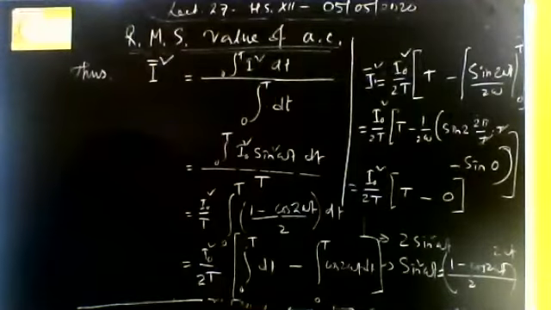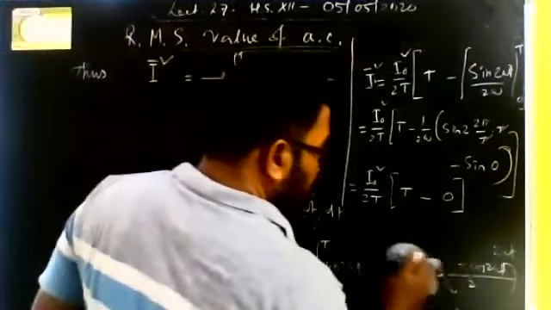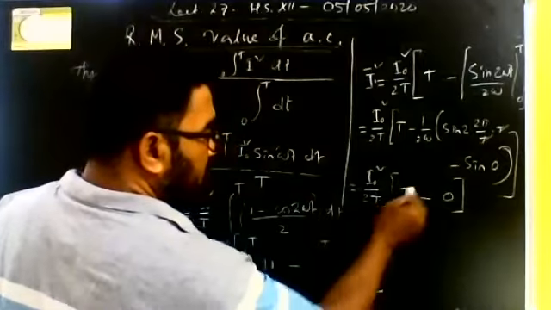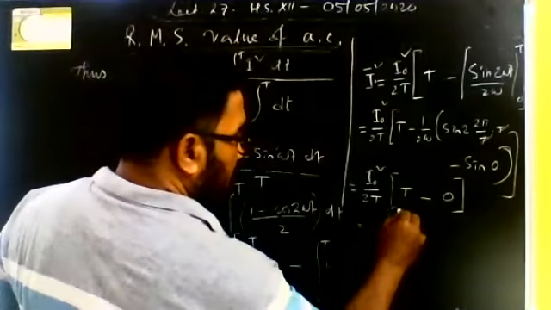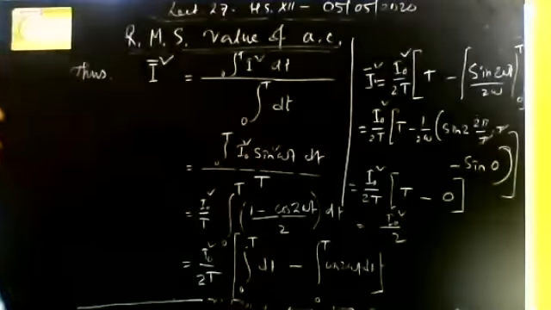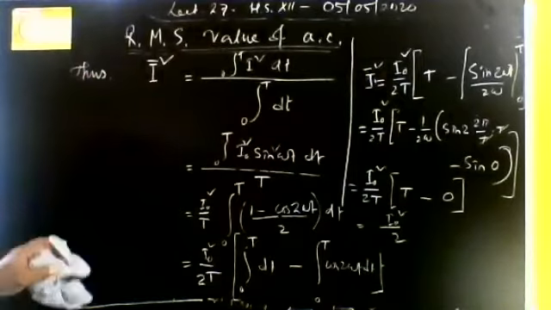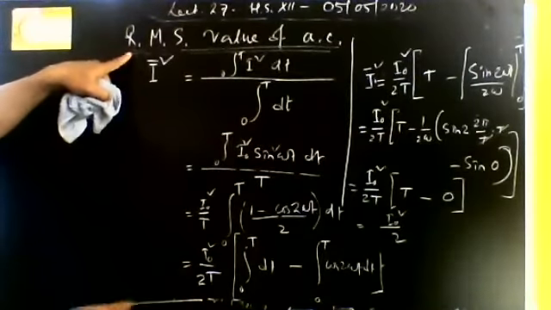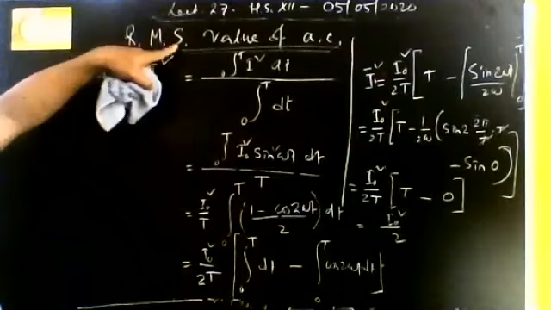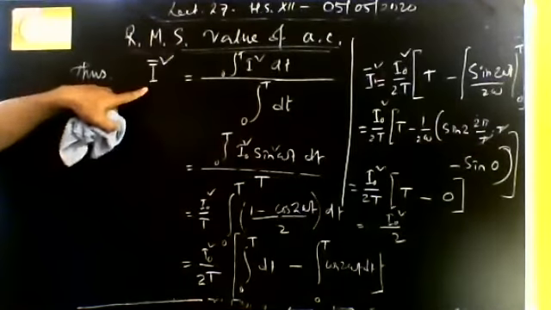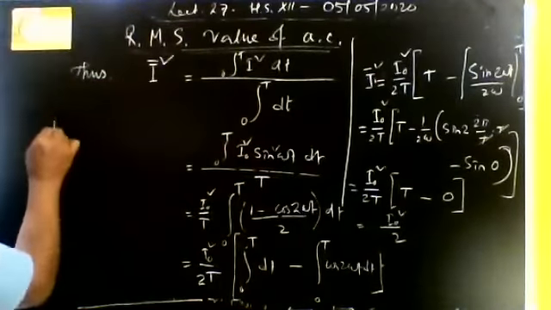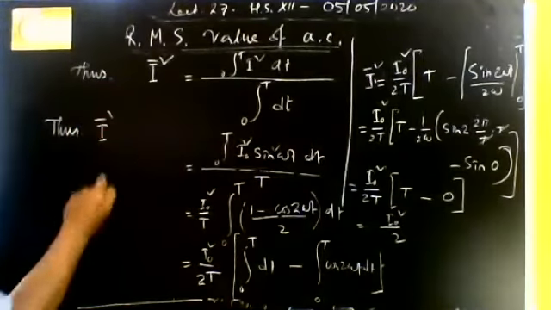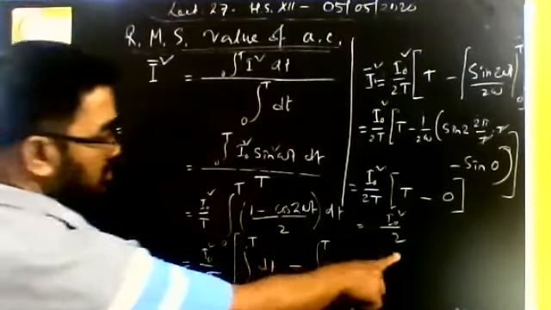So finally, what are you getting? If you multiply, T will be cancelled, I naught square by 2, right? But you are going to find the root of the mean of the square, because this is a square. So I bar square is equal to what?